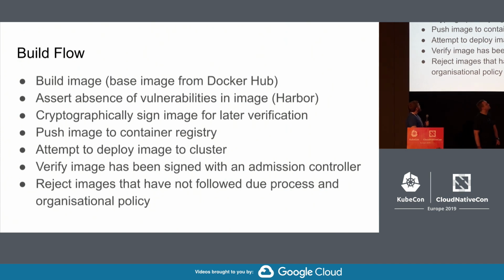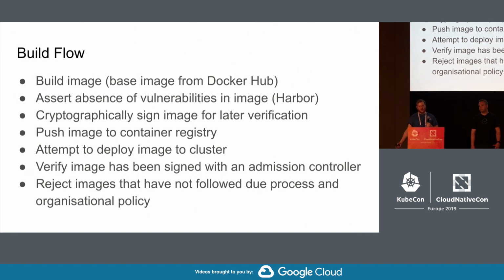So yeah, here's our build flow. These are the steps we're going to be emulating manually for now, because as I said, doing a full pipeline in a workshop is a lot of work if you aren't going to then move on to other bits. So we're building our image. We're asserting the absence of vulnerabilities.